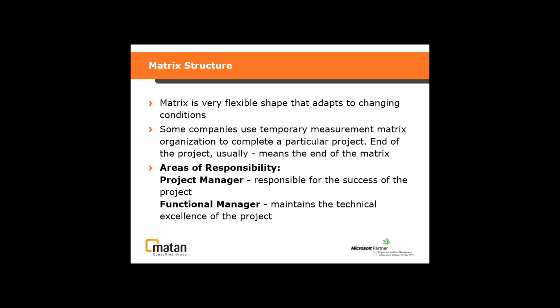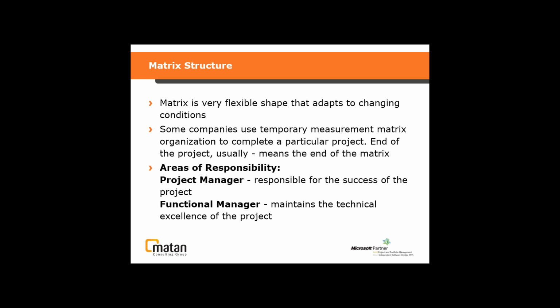The good thing about matrix organizations is that they're very flexible. You can really change things in an easier way than you could in any other, stricter type of organization. But when we talk about the matrix organization, we're not talking about one type of organization.